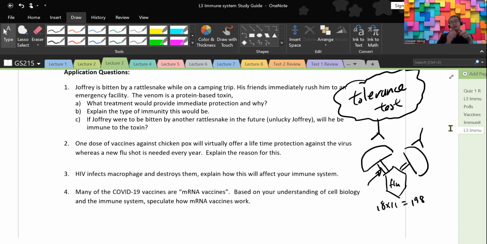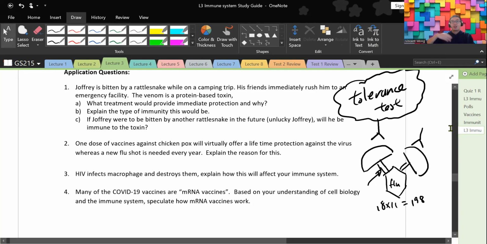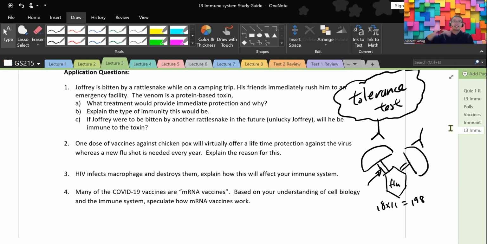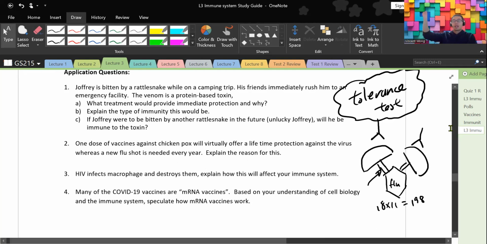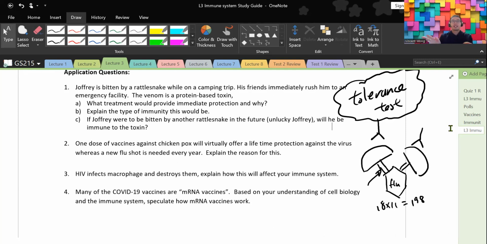Remember, each of the T cells has unique receptors, and we have to make sure those receptors are not something that would attack our own cells. So the tolerance test will check for autoreactivity. If it doesn't auto-react, that T cell is allowed to go to the thymus. But if there is autoreactivity, then we have to destroy that T cell. We cannot let that T cell come out.